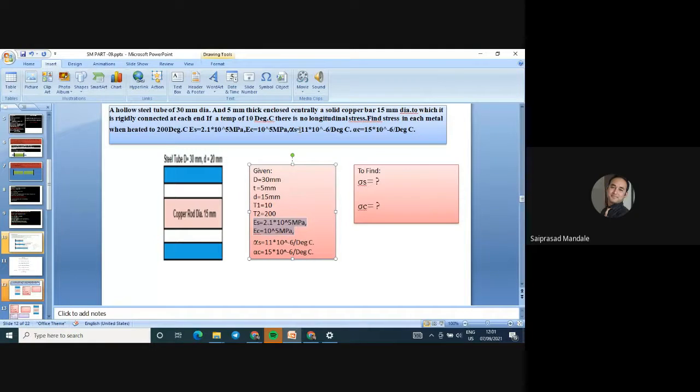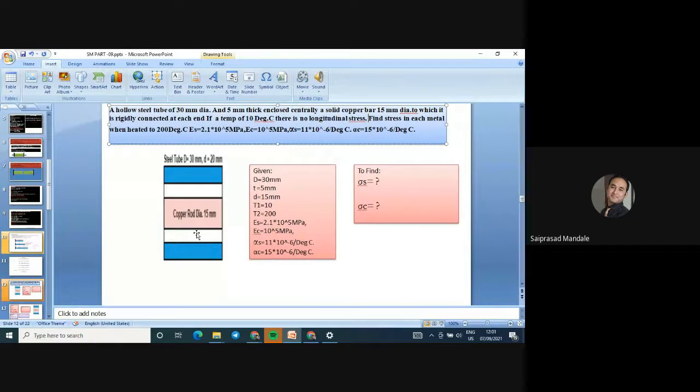We have to find the stress in the steel and the stress in the copper.